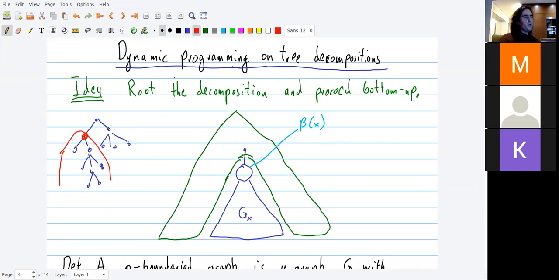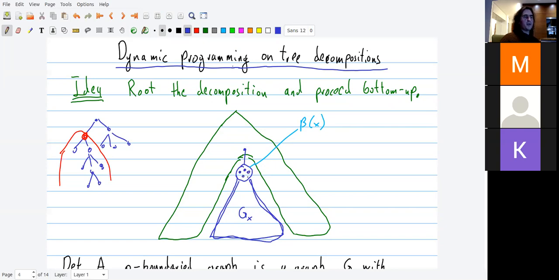Namely, we'll try to sweep the graph from the bottom up in a way that constructs partial solutions for subtrees of the decomposition, for subgraphs of this graph. The subgraphs that we will be thinking about correspond to subtrees of the decomposition. So, for instance, if I have here a subtree of the decomposition, this corresponds to a subgraph consisting of all the vertices that appear here.